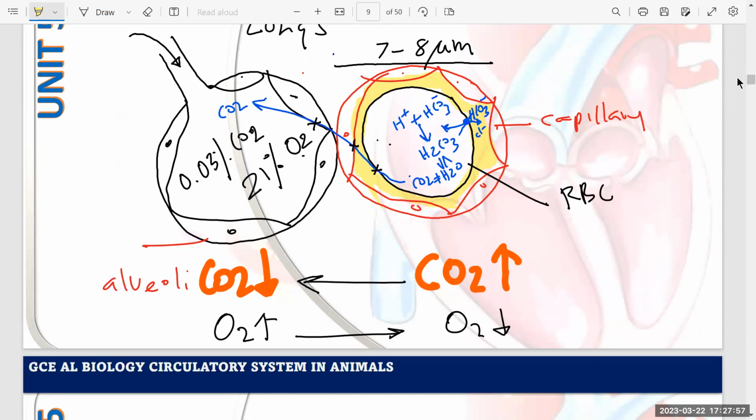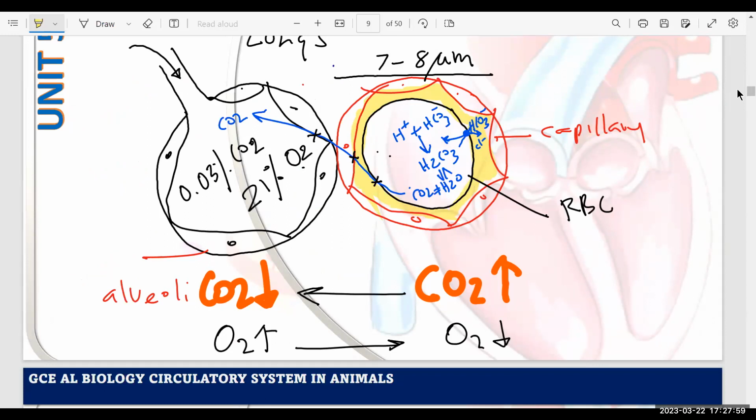Okay, we have completed this gas transport. After that, what is left? The lesson is lesson number 20. So I gave the numbers now so that you can quickly check what lesson we are doing.